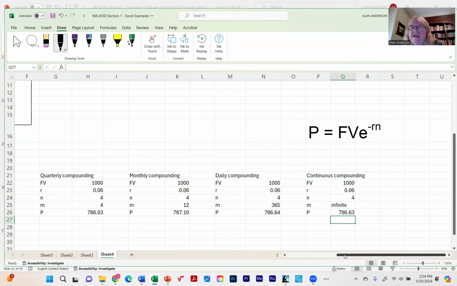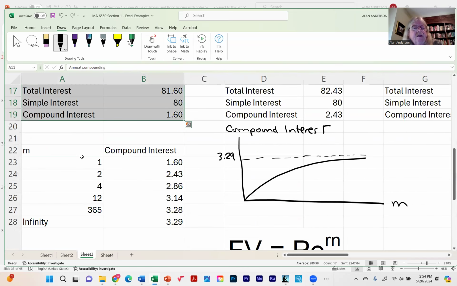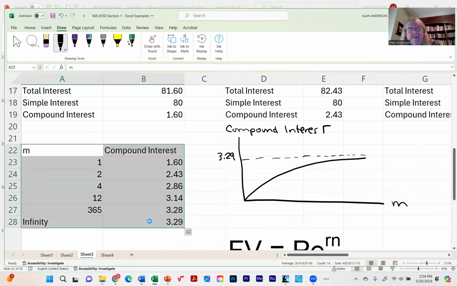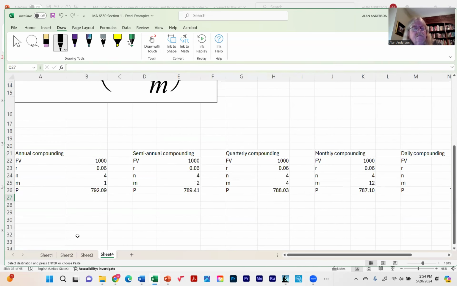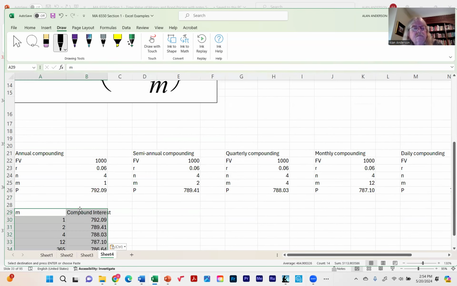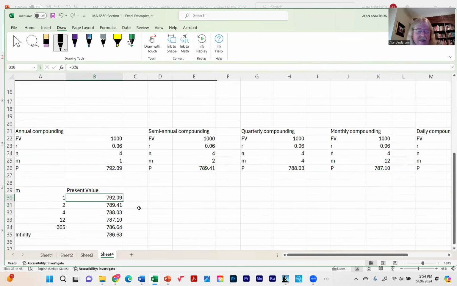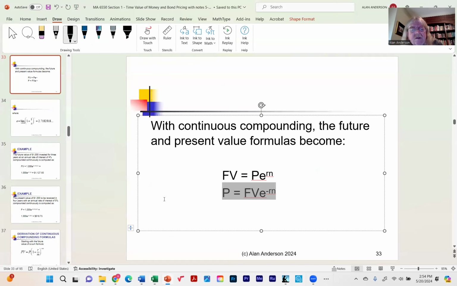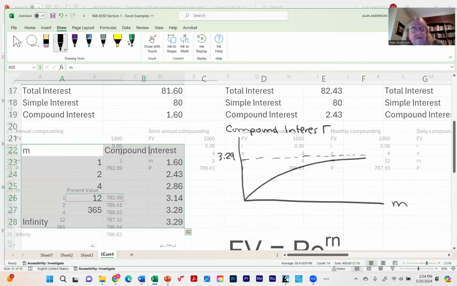Okay, so we're going to now gather them up like we did here, except this time we'll just be looking at the present values. And because I've set it up so cleverly, you notice I didn't have to change anything.